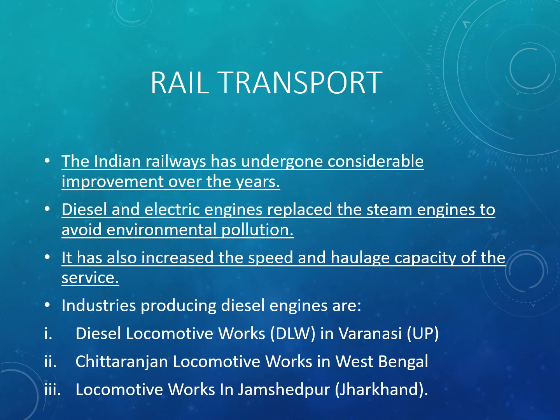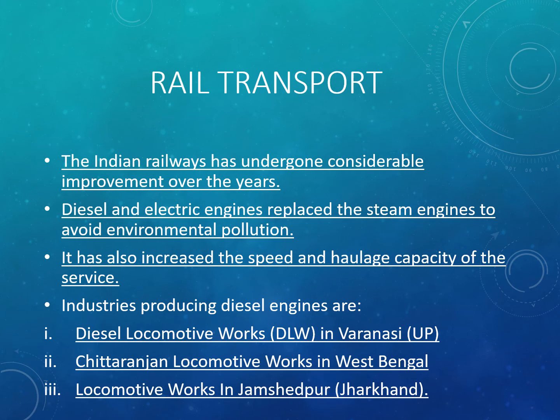At present, industries which are producing diesel engines are Diesel Locomotive Works in Varanasi in Uttar Pradesh, Chittaranjan Locomotive Works in West Bengal and Locomotive Works in Jamshedpur in Jharkhand.